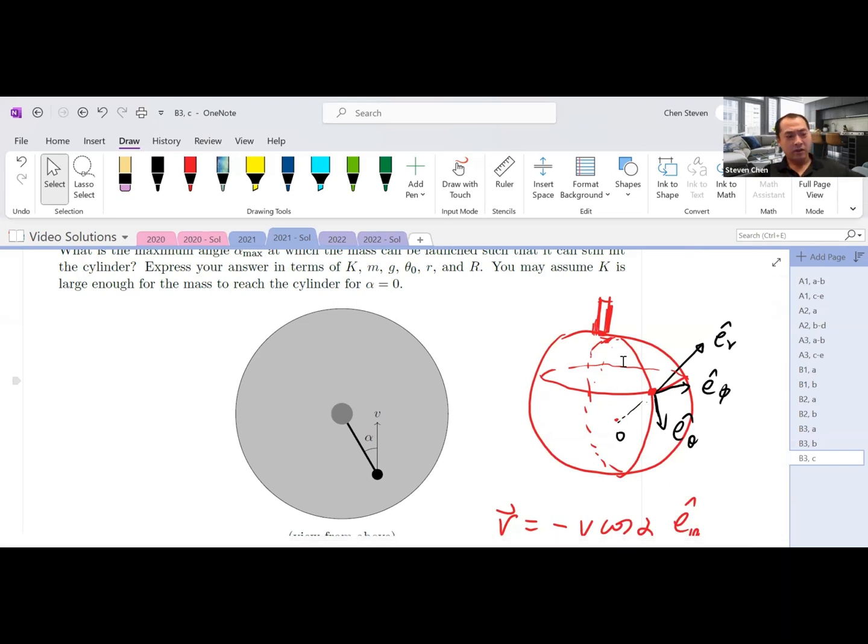By contrast, suppose your alpha is 90 degrees. Your initial velocity is in the latitude direction, as I showed in the previous problem, so you even gain acceleration downward. It's pretty far away. There's no way for you to get to the top. It's not good. That is the intuition why alpha cannot be too big. There's a threshold alpha such that you can just hit the cylinder. If it is bigger than that, there's no way for you to get to the top. So what is that equal to, okay?